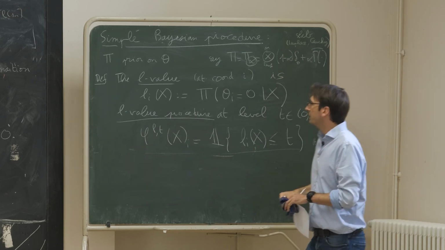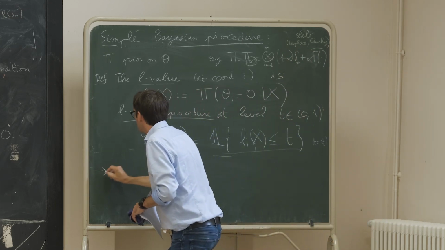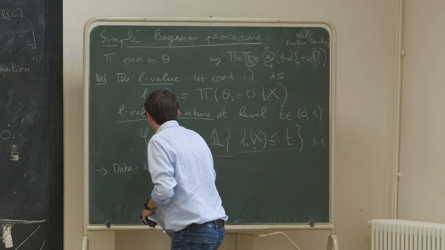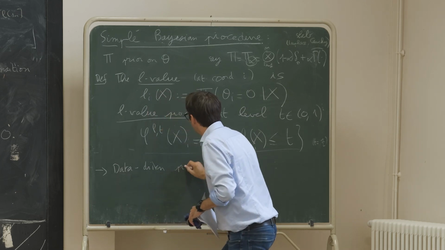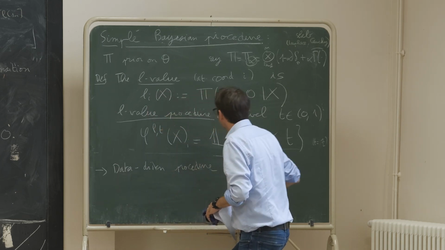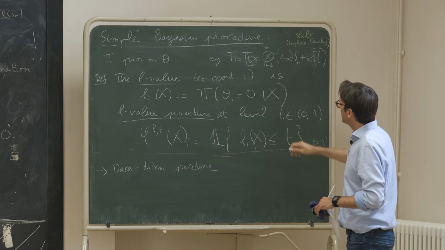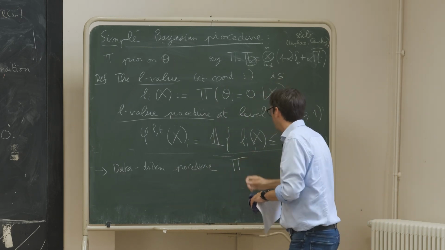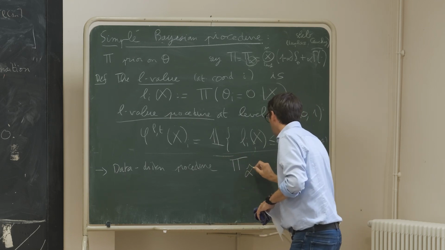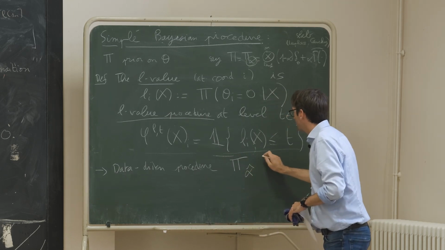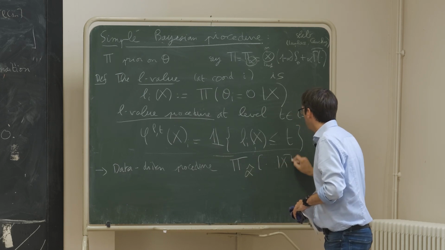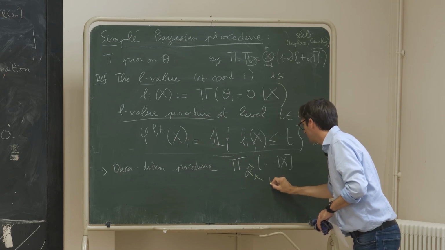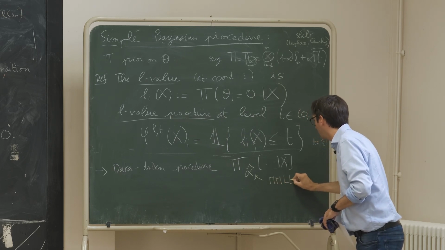So it's natural to define, as we have already seen, a data-driven procedure. You could do full Bayes here, but we investigated the empirical Bayes version, where recall that the choice of the weight was done by marginal maximum likelihood.